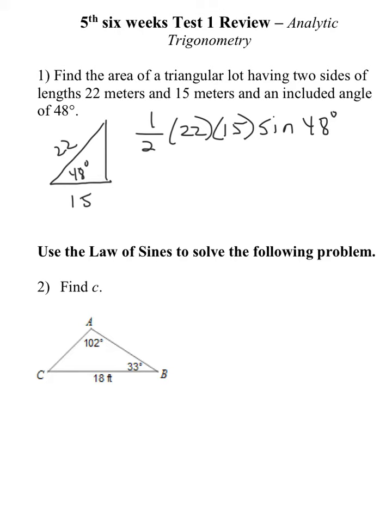We're going to use the area formula, 1/2 of side A times side B times the sine of C. So 1/2 times 22 times 15 times the sine of 48 gives us 122.62 meters squared.